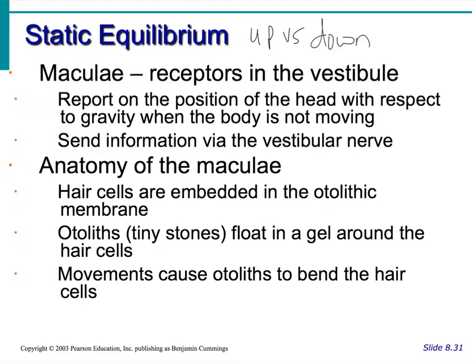The way this works is that in the membrane of your vestibule, you have little hair cells again that are embedded in what's called an otolithic membrane, and it has a gel substance and it has these tiny stones. These are made of calcium salts.